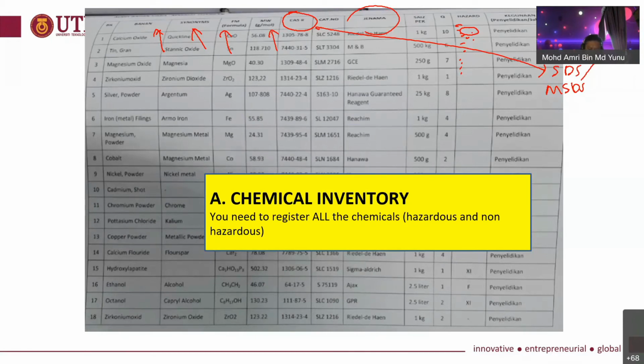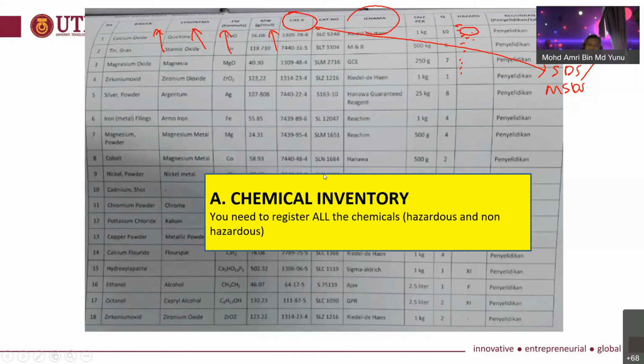Basically, you can find the CAS number from the material safety data sheet. And the category, the brand, meaning the company, size, quantity, hazard. So hazard class, but there is a table that classifies what the hazard is, and then the usage.